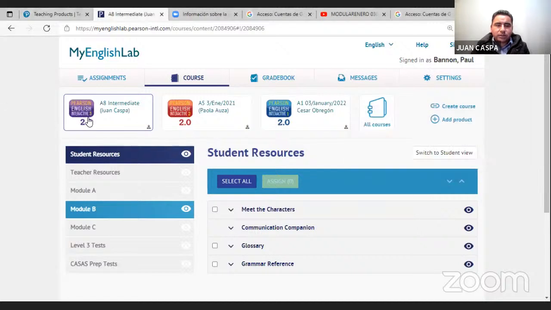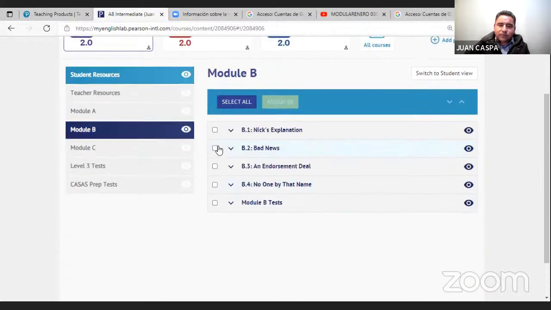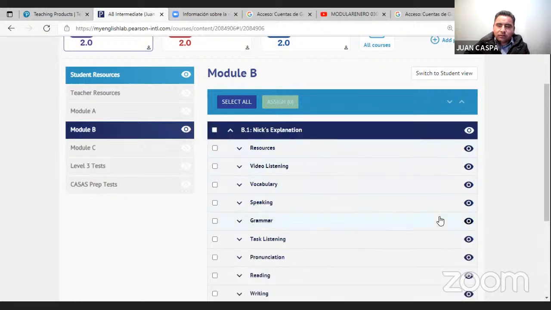This is the product, Interactive 2.0. That's our class, and we are working with module B. By the way, it's visible. And these are the lessons B1, B2, B3, B4. You can click on it and see all of them.